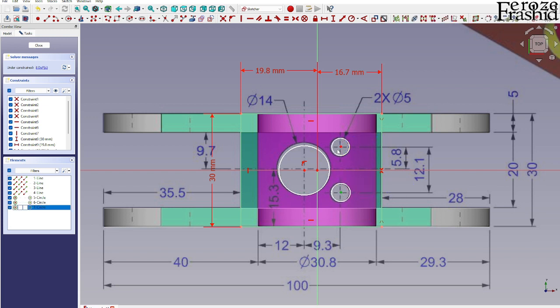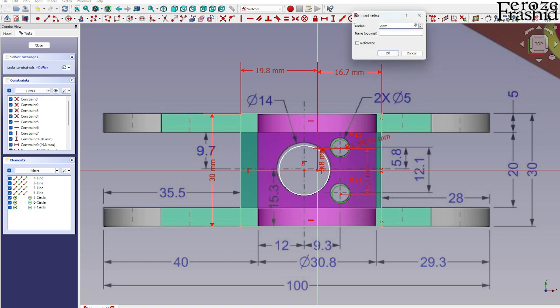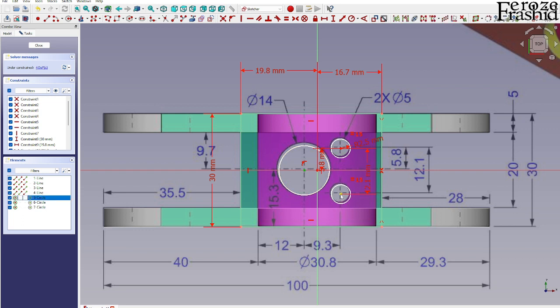For these two, the distance given between their centers is 12.1, and this center is 5.8 away from the origin. So we got these two fixed down, and these are diameter 5 holes, and this is 9.3 away from the other center.